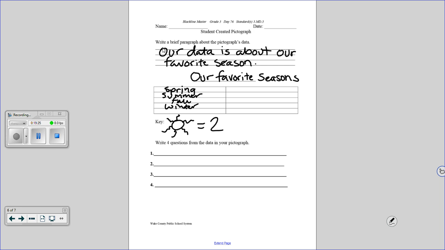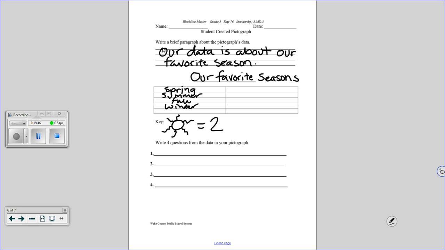There are 16 votes, but is my sun equal to 1 vote? Nope. My sun is equal to 2 votes. So how many suns am I going to draw?